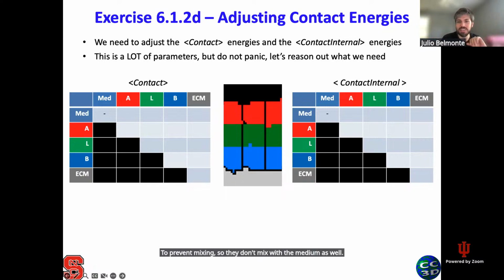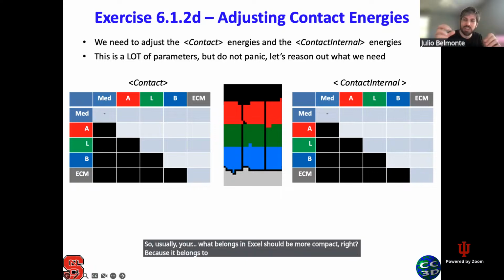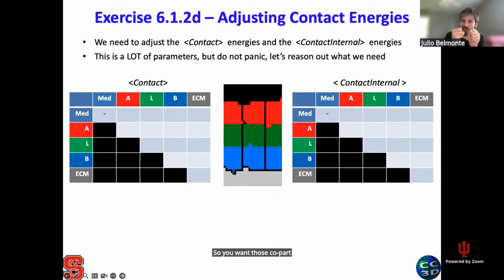So usually what belongs to the same cell should be more compact, right? Because it belongs to the same cell. So you want those compartments to be more closely tied to each other, and less tied to the things that belong to other cells, right? So usually these values here are lower than these values here in principle, right? So we already have these hierarchies set. Let's sort out how this should look like.